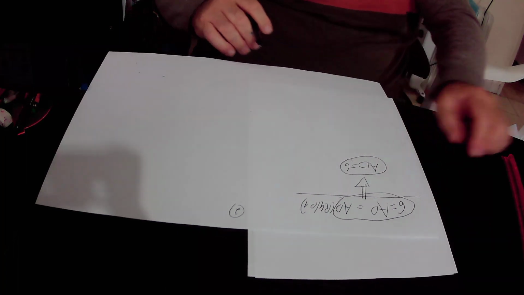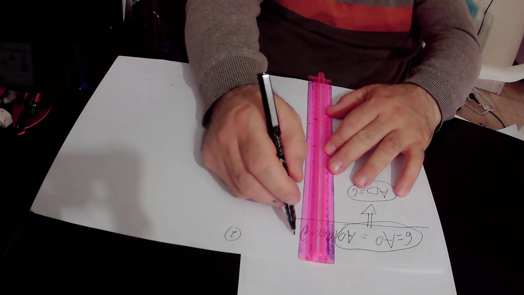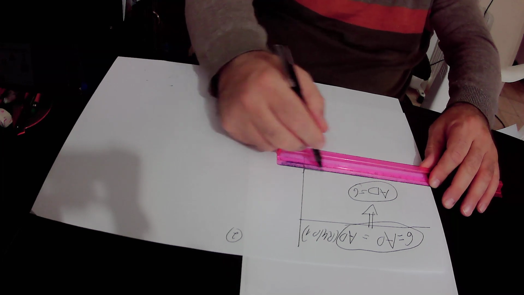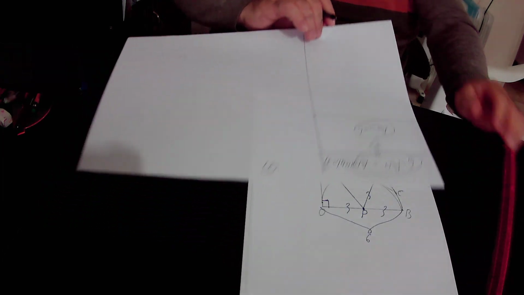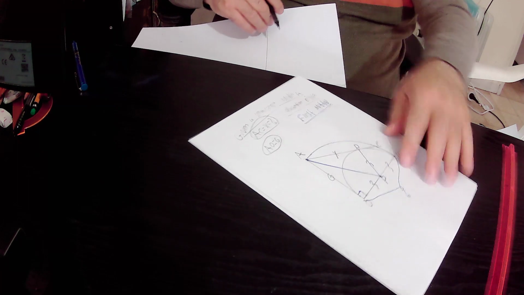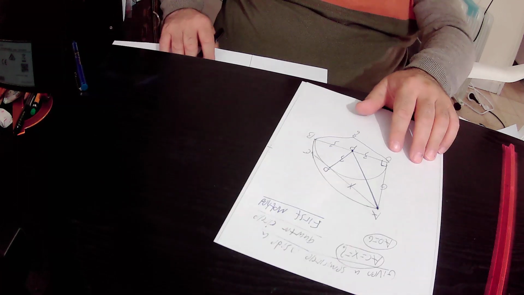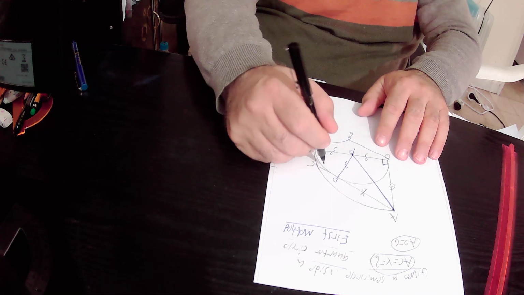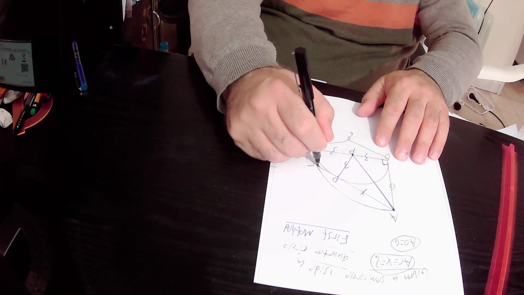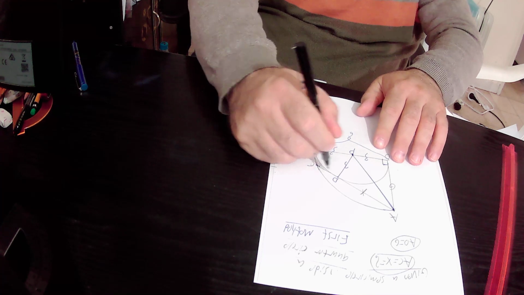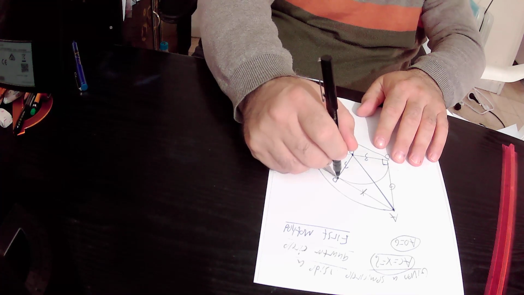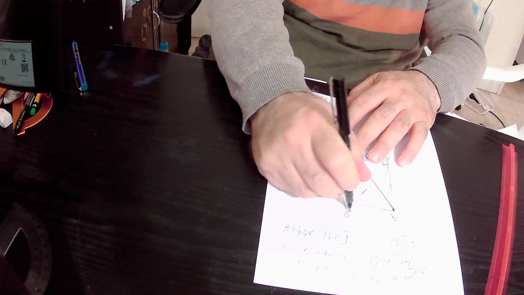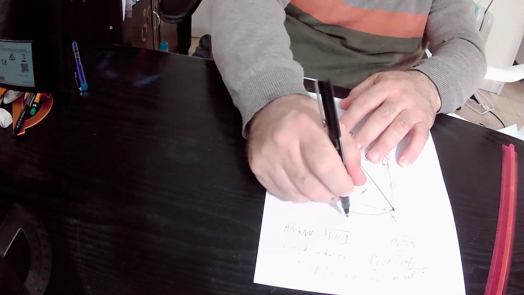Okay, AD is also equal to 6 units. So here we can write down that AD equals 6 units.